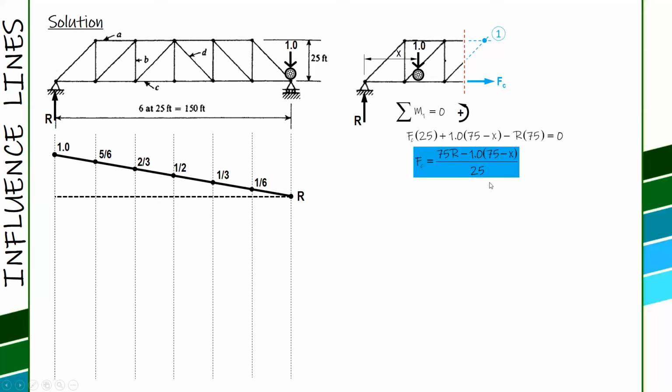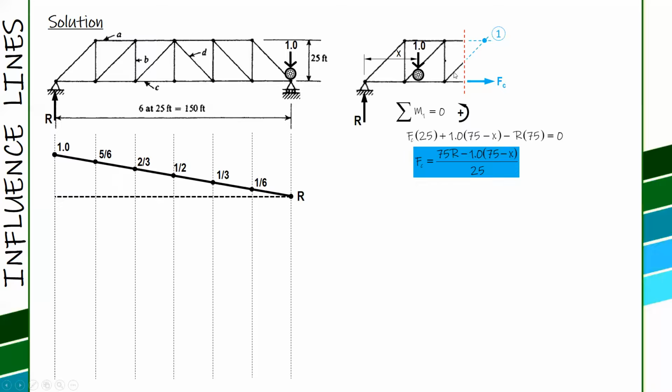So, analyze again. This expression for FC is valid only when the unit load is at this joint, or simply when x is equal to 50.